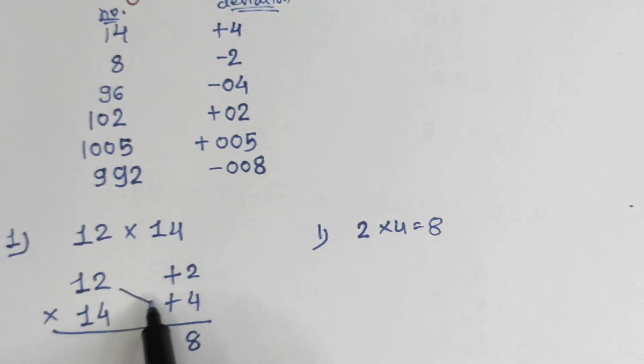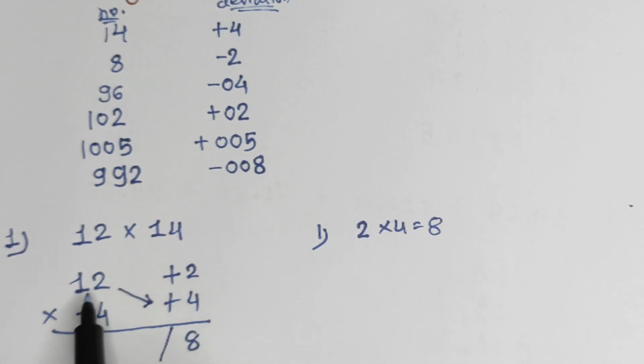We do a cross calculation. You can do either of the calculations, this side or this side. 12 plus 4, we go crosswise and write 12 plus 4, which gives 16.